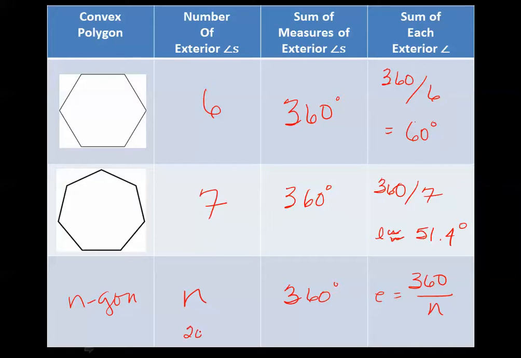So let's go with that 20-gon again, like we did in our last video. I just do 360 divided by 20, and I would get that each exterior angle is 18 degrees.